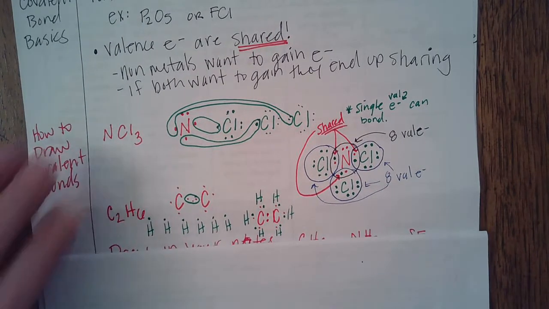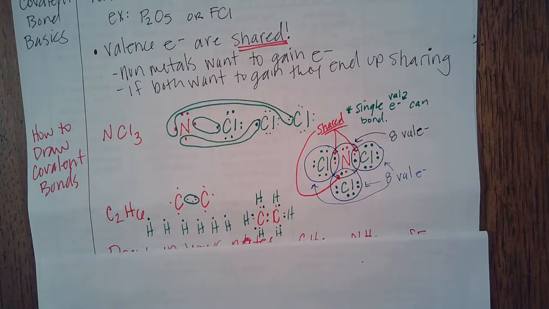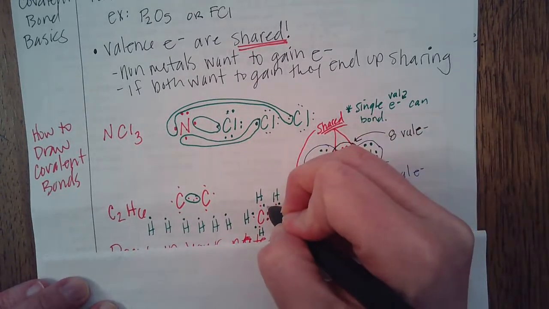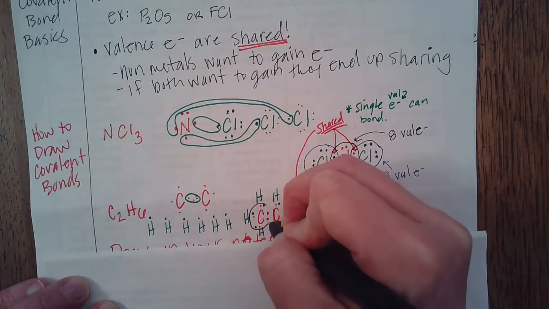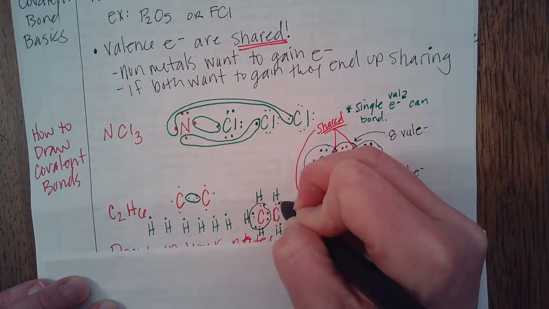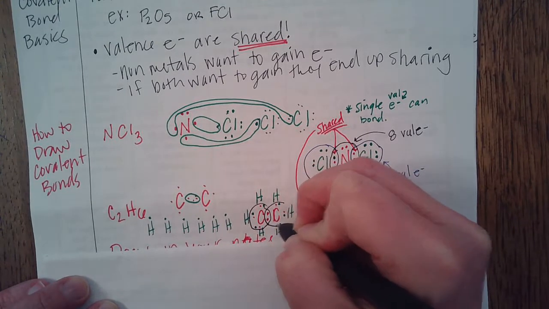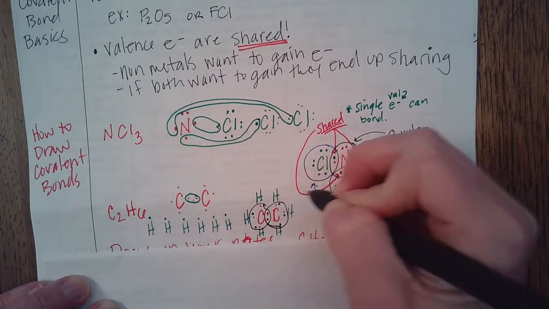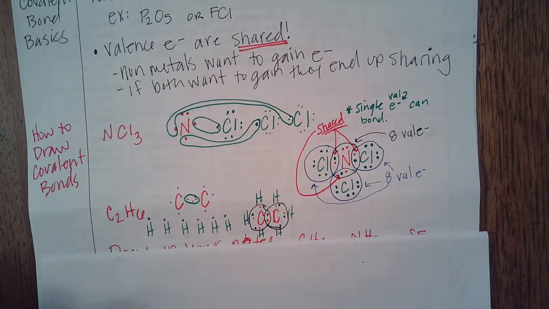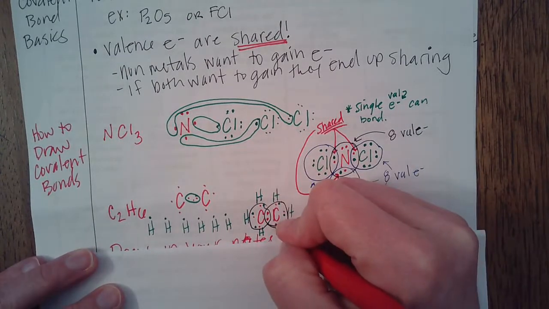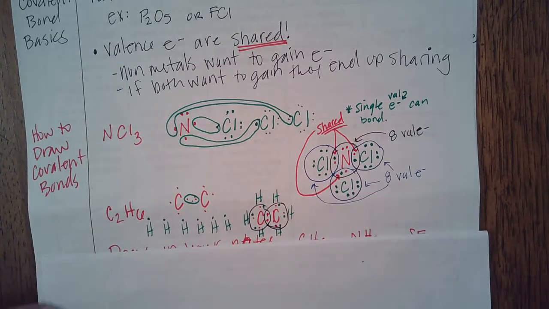So it's kind of like putting a puzzle together. And then again, this carbon is happy because he has 8. And this carbon is happy because he has 8.